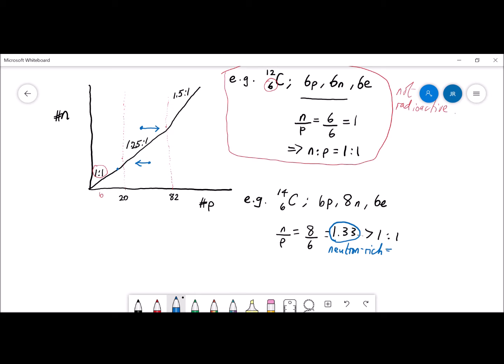If it's neutron rich, not only is it going to suggest it's radioactive, but it's going to be a negatron emitter.